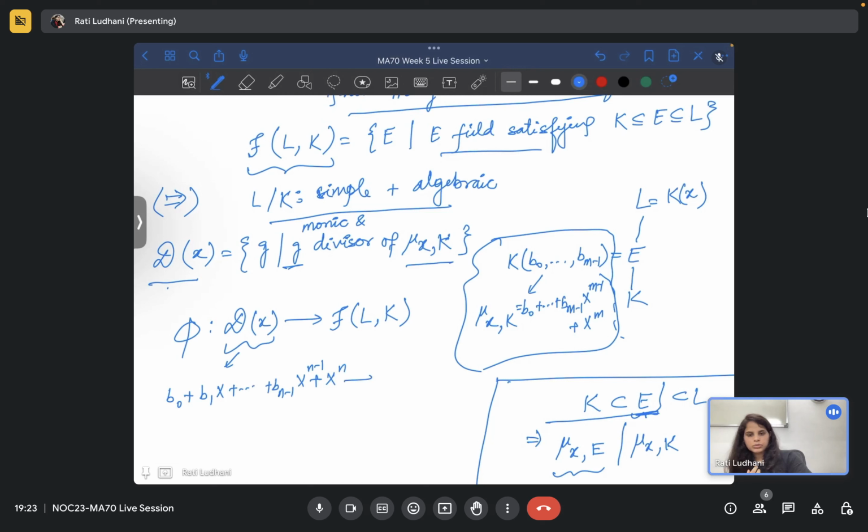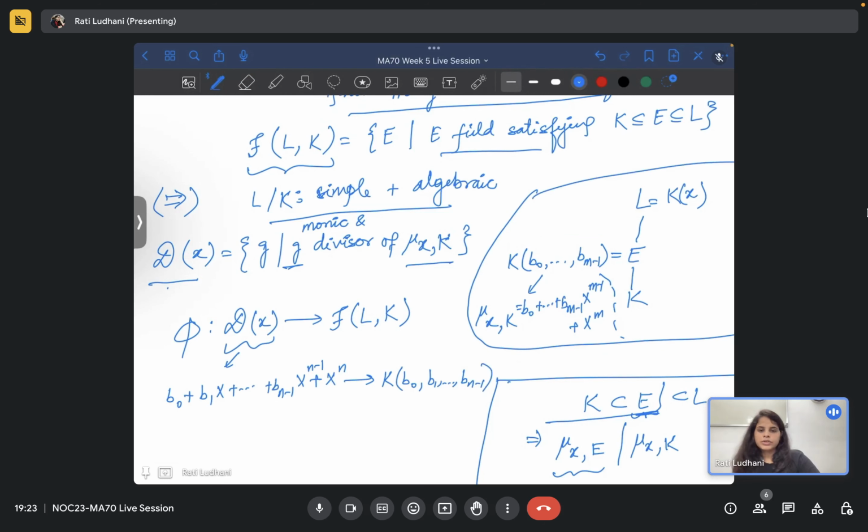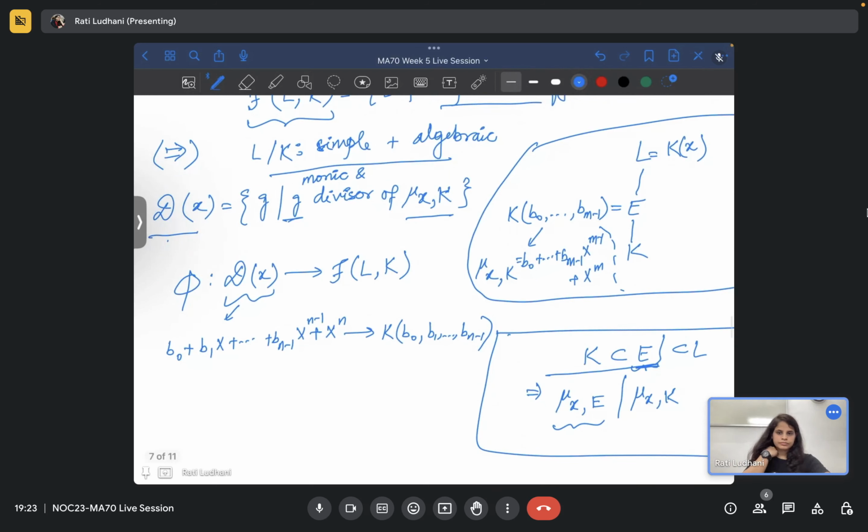You consider any monic polynomial and map it to K(b0, b1, up to b_{n-1}). Okay, define a map like this.